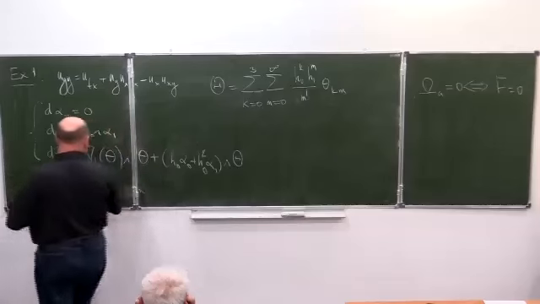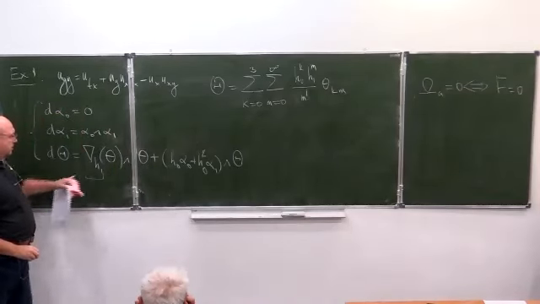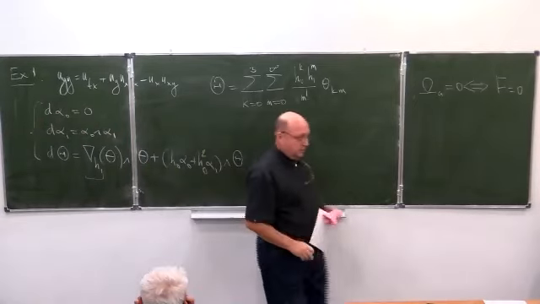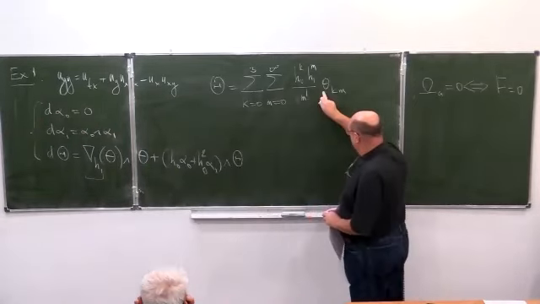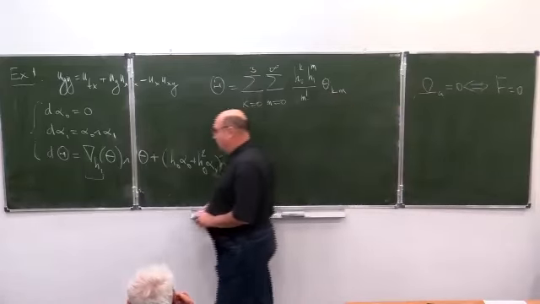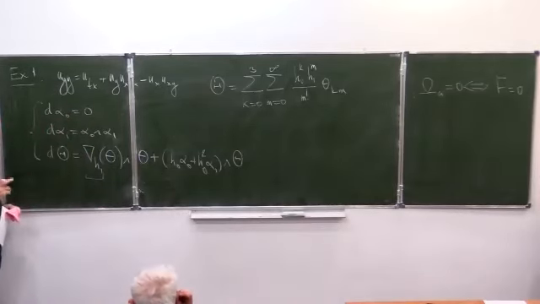This operator is just a derivative with respect to the parameter. H_0 and H_1 are formal parameters. Theta with these indexes are one-forms. Alpha_0, alpha_1 are one-forms.